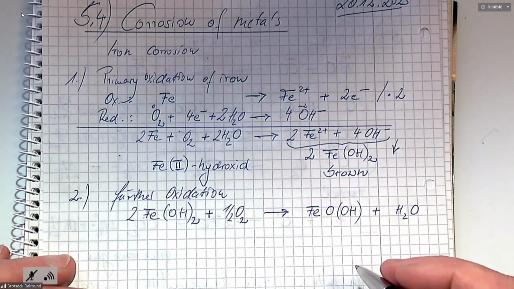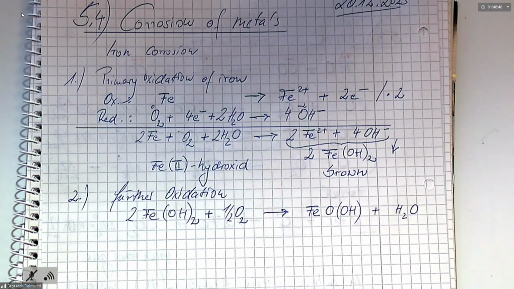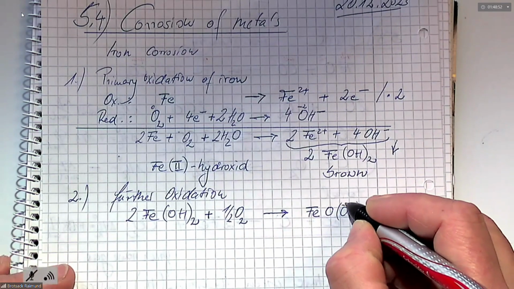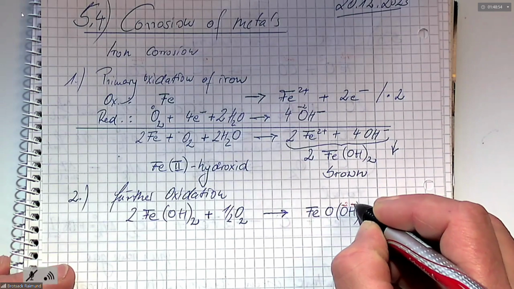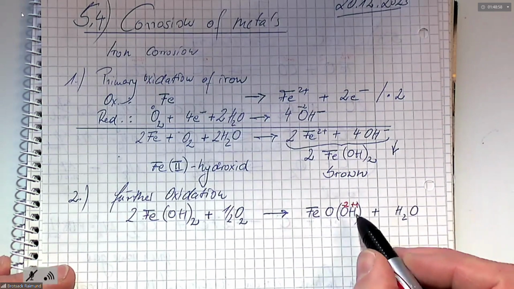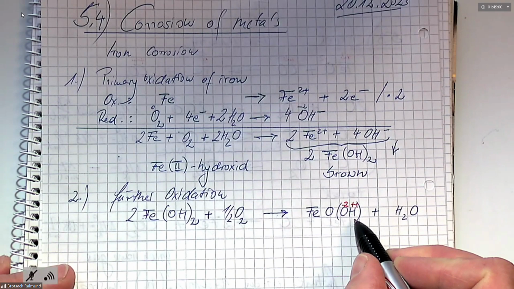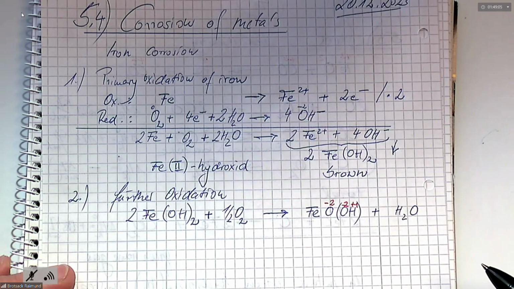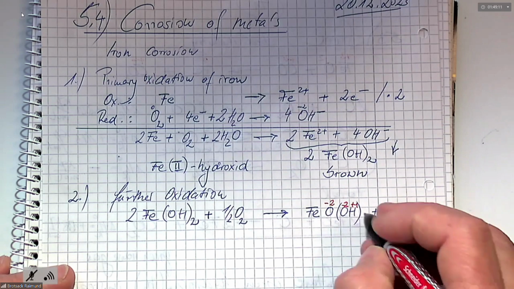And this is the iron 3 oxide, because now we have -2 and +1. Remaining is 1 negative charge from the hydroxide. And we have -2. So in total, we have to equalize 3 negative charges.